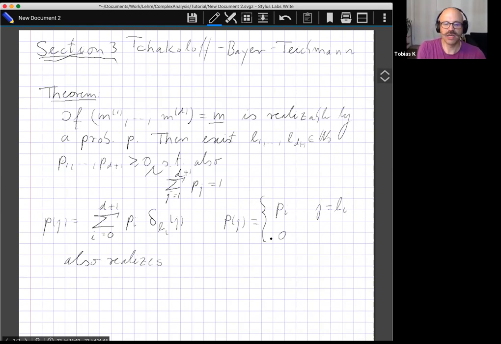And that's exactly why I tried it before. You remember when I was doing it in the case D equal to 1, I tried to get away with 2 deltas, I mean, with 2 elementary probabilities. And in the case D equal to 2, I tried to get away with 3 of them, because I can always do that.